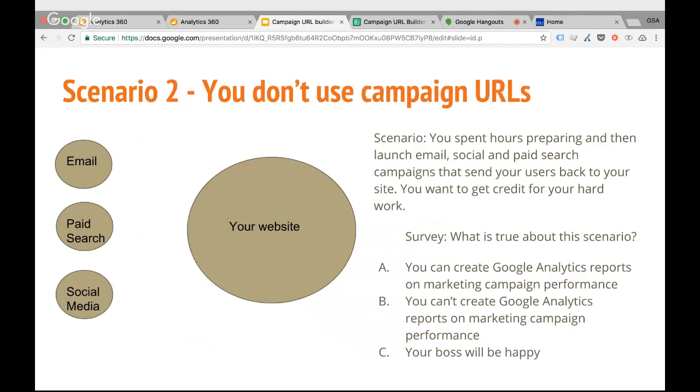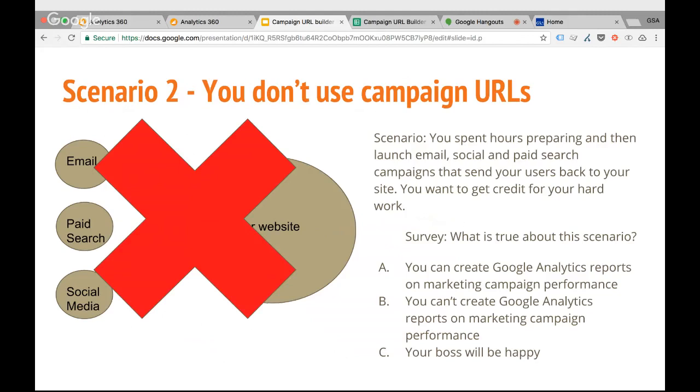Okay, next scenario. You don't use campaign URLs. What is true about this scenario? Okay, I'm just going to start going through this since we are running out of time and I want to make sure that we get through all the content. All right, so in this scenario, you don't use campaign URLs.